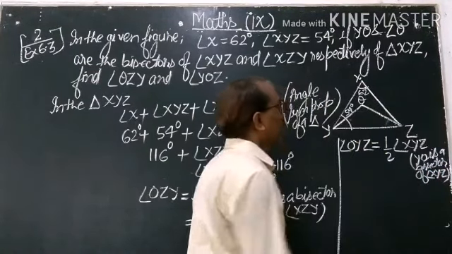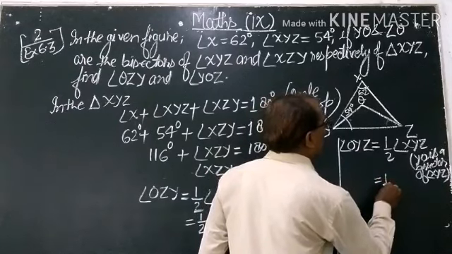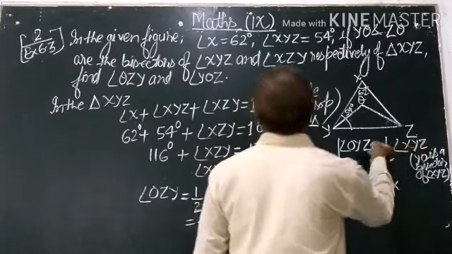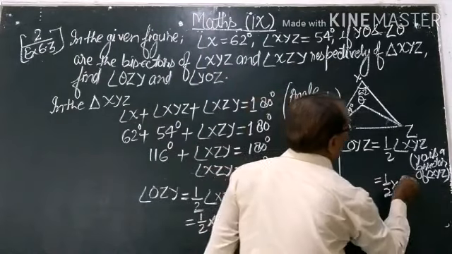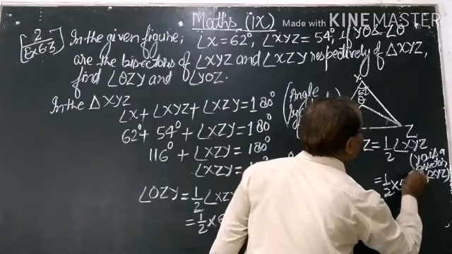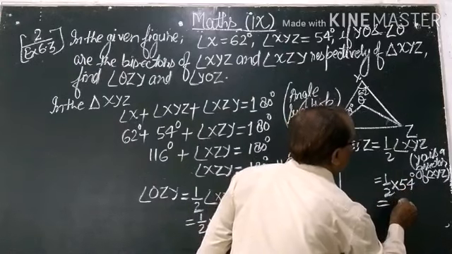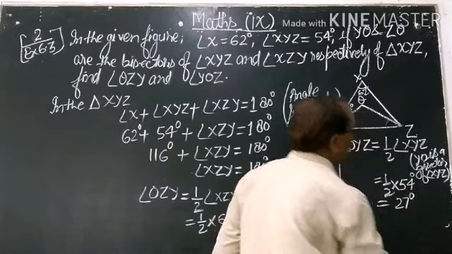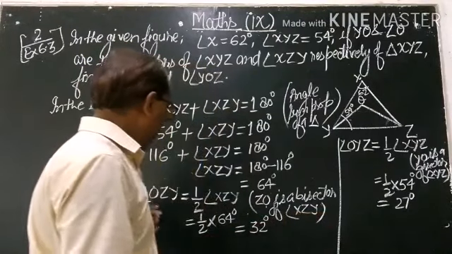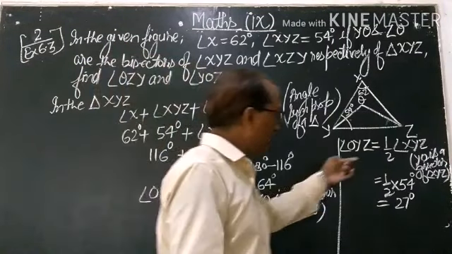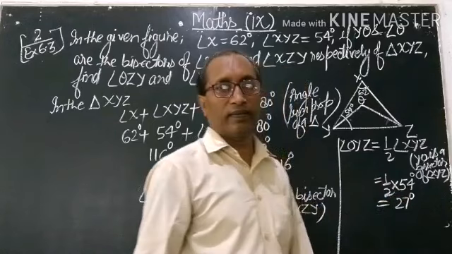Therefore, 1 upon 2 into XYZ, where XYZ is equal to 54 degrees, means 27 degrees. You get angle OZY and angle OYZ.